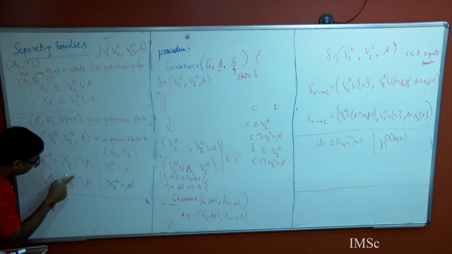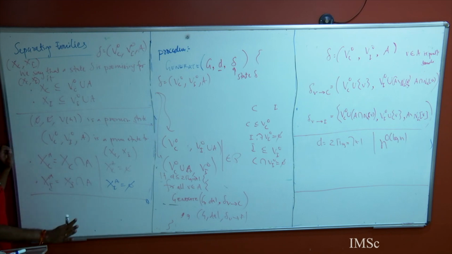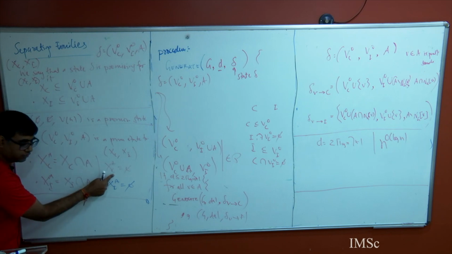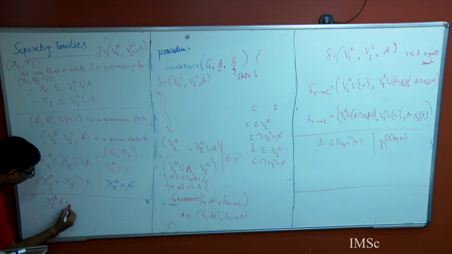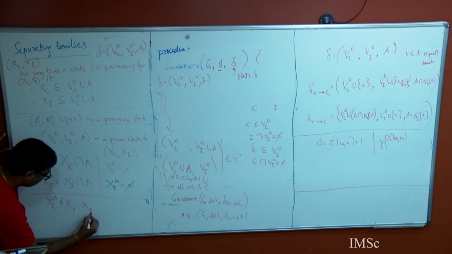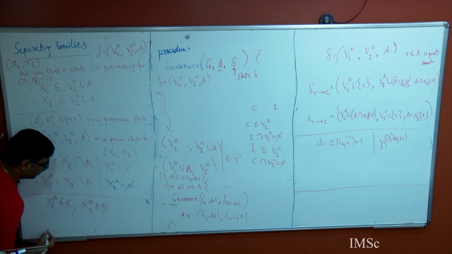If either of these would have been true, then we would have got our partition, right? Because it is a promising state. So now what we know is XCA is not equal to empty, XIA is not equal to empty.